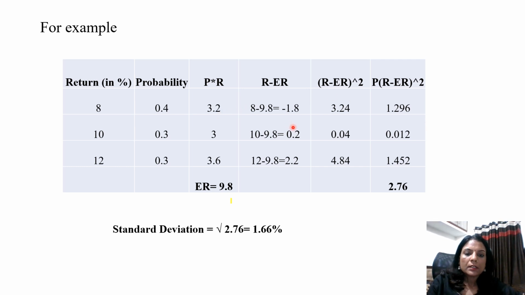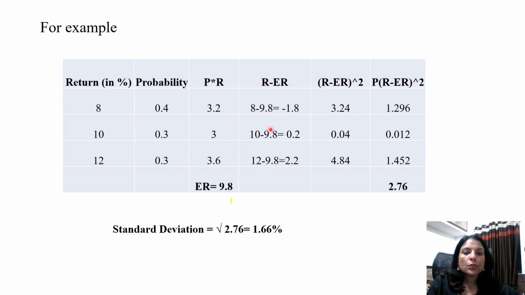Here in this example, I have already calculated the expected return, that is 9.8%. Now the return should be subtracted by the expected return. So here the returns are 8, 10 and 12: 8 minus 9.8, 10 minus 9.8, 12 minus 9.8. We got the values of minus 1.8, 0.2 and 2.2.